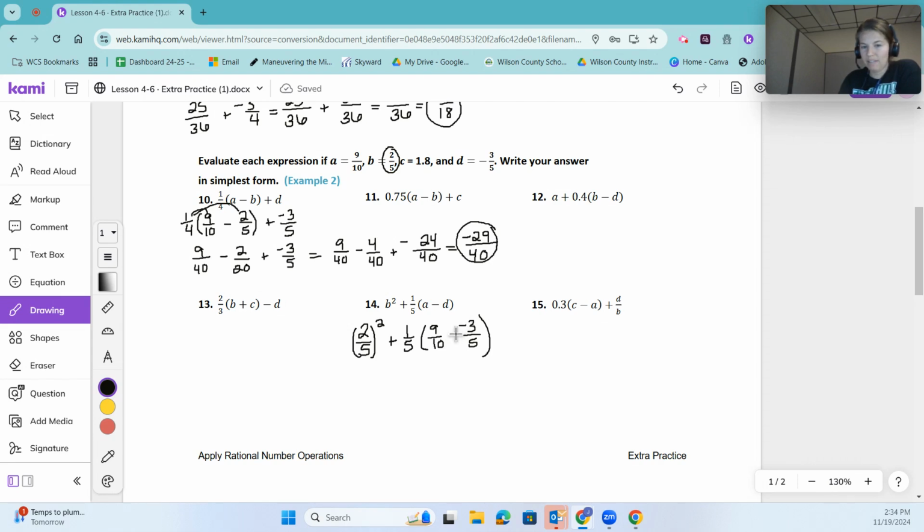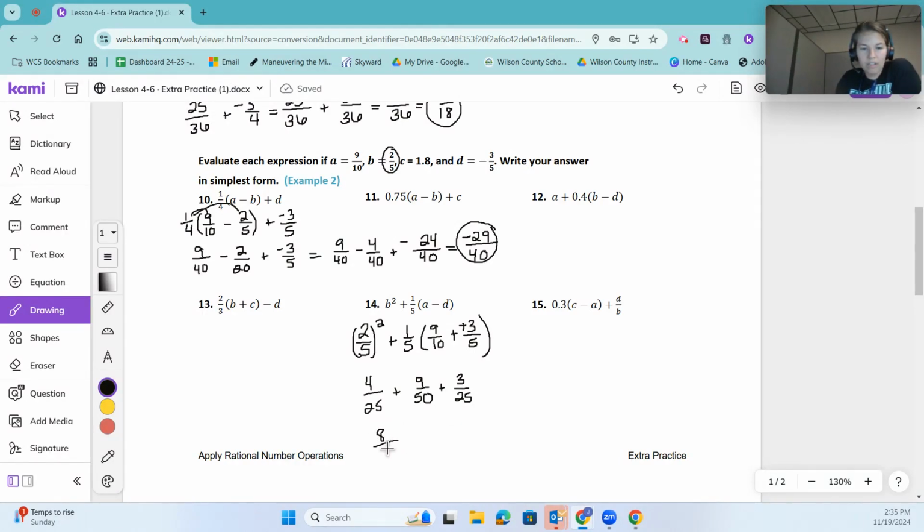I have minus and negative here, so I'm going to add the opposite there. First thing I'm going to do is 2/5 squared. 2 times 2 is 4, 5 squared is 25, plus 1/5 times 9/10 is going to be 9/50, plus 3/25.